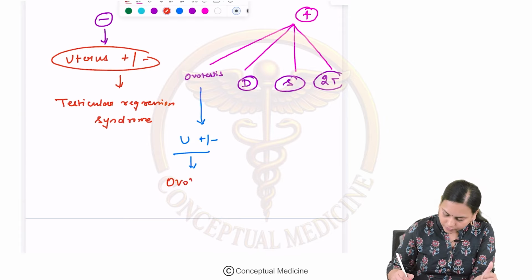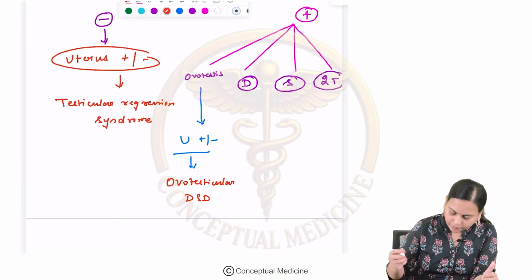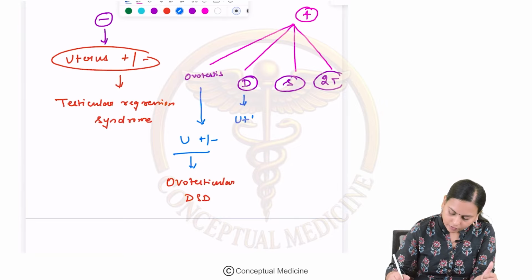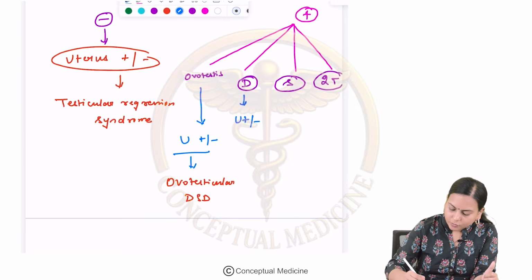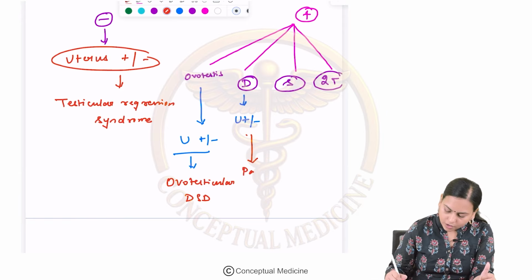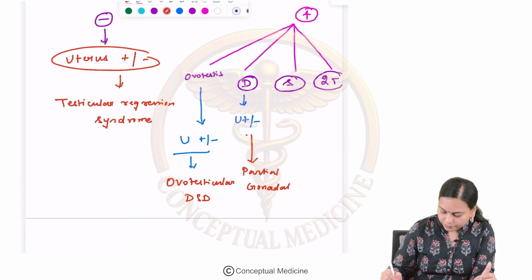Okay, this is an ovotesticular DSD. When they have dysgenetic gonads, you have to check how about the uterus. Then based upon this, you will be giving a diagnosis of partial gonadal dysgenesis. Clear?